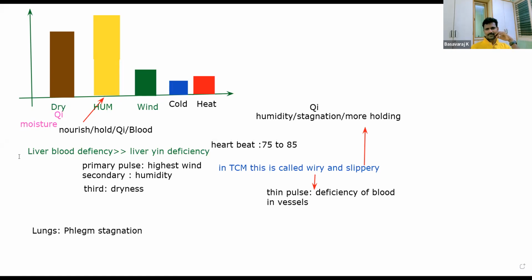Good, Shanti. The right question you asked, how the dryness is influencing your digestion system. Here, the combination is humidity and dryness. All of you got clarity?